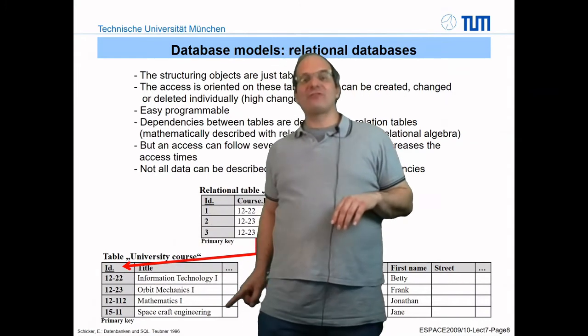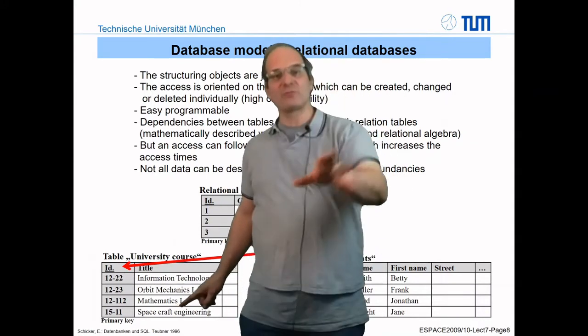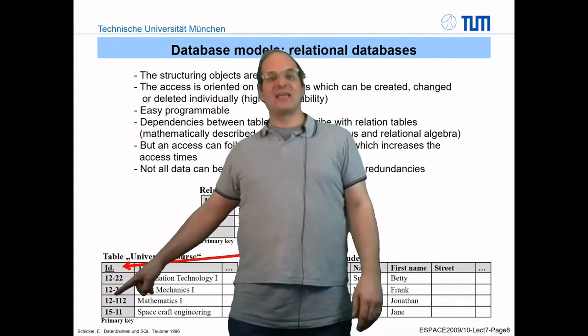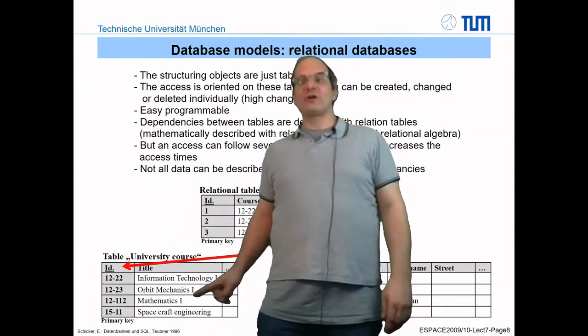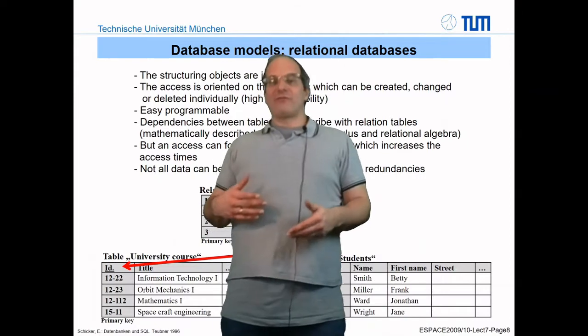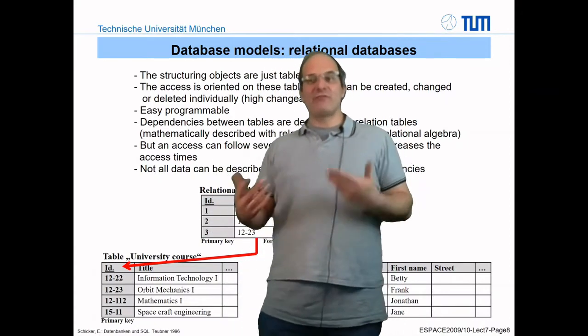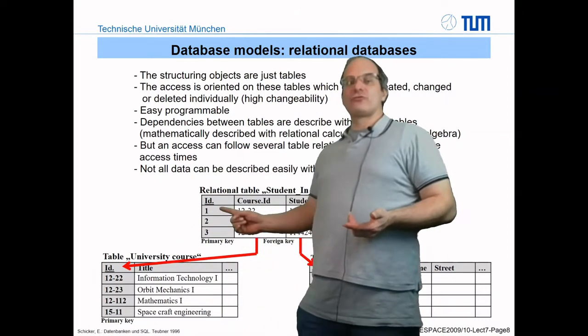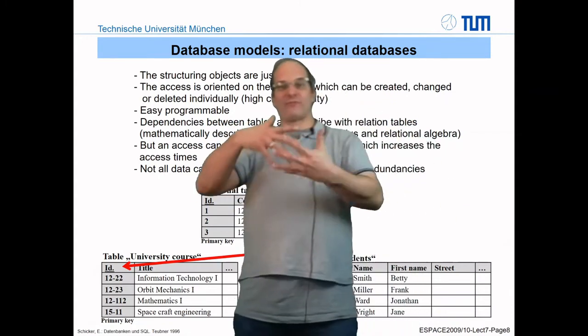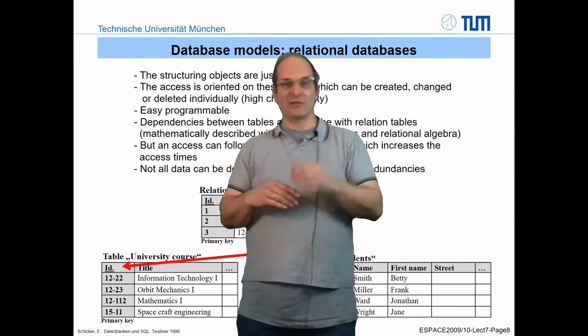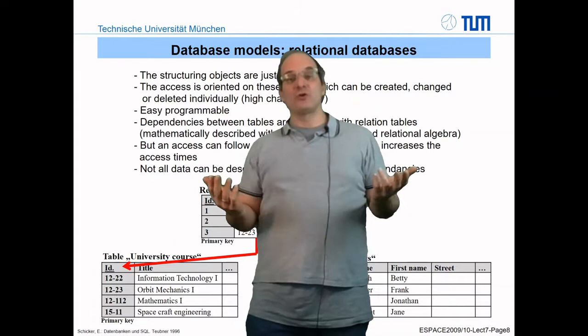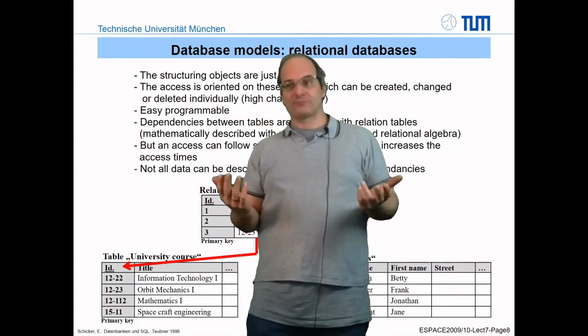But you cannot directly jump to this position, because only keys can be searched directly. And therefore, it's a mixture of, let's say, runtime efficiency. If you have to go through a lot of these tables, and if you have these joins of different tables, then it's also not so fast.